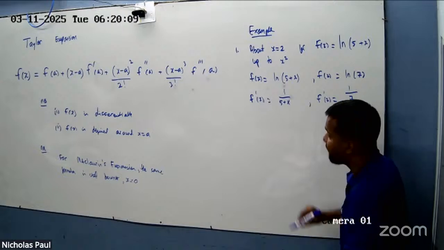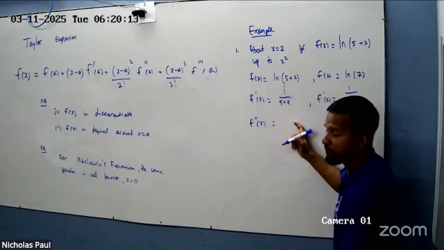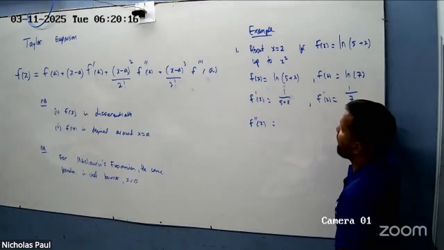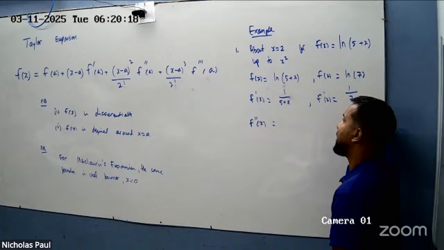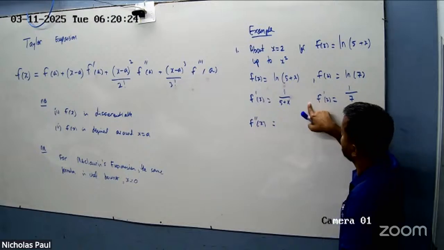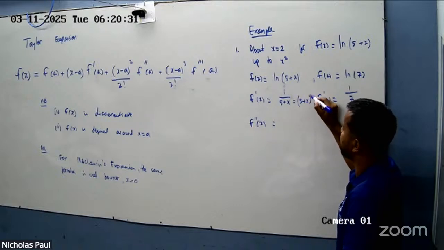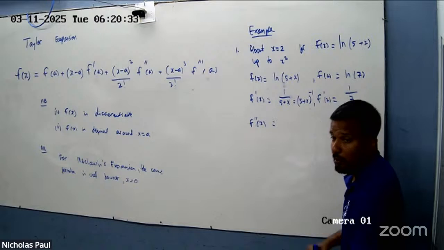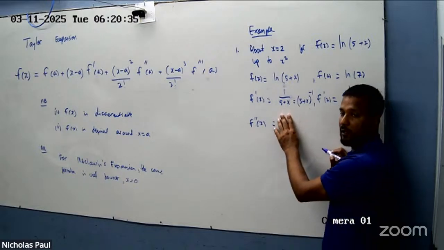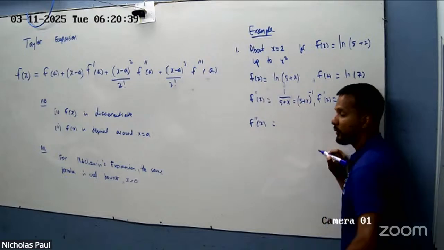That's okay? Now the double prime. How are we differentiating this division? How do we differentiate 1 over 5 plus x? You can use the chain rule or a shortcut.